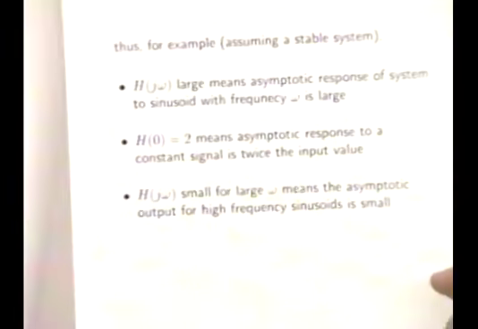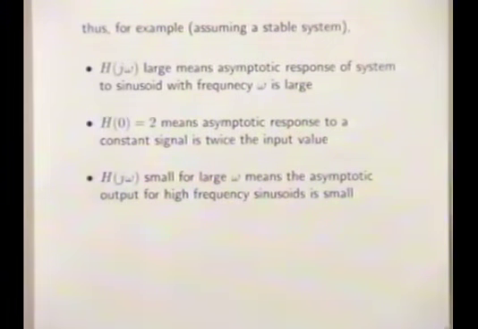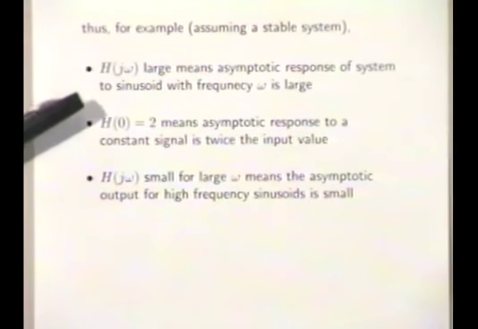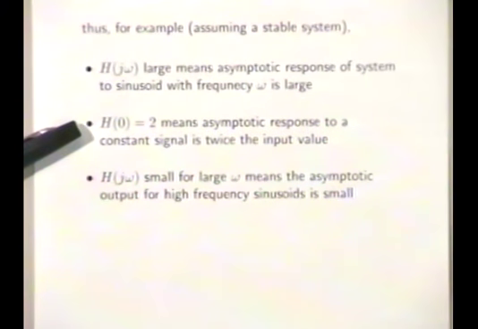So as some simple examples here, if the frequency response is large at a certain frequency, it says that the system is very sensitive to sinusoids at that frequency, to oscillations at that frequency. If you plug in omega equals 0, that's the DC gain, which we already know anyway.